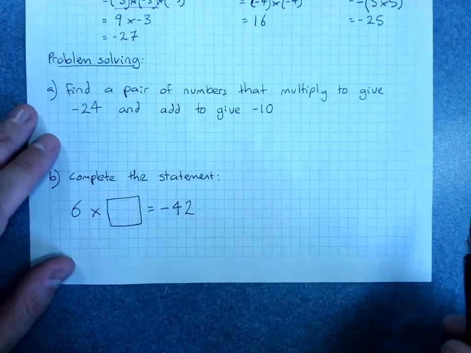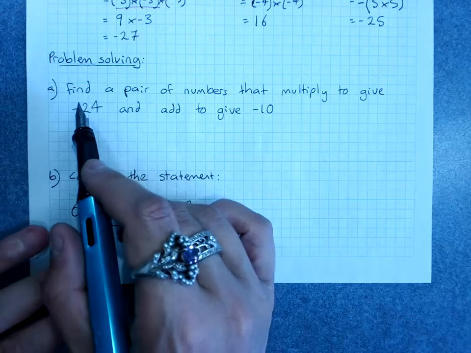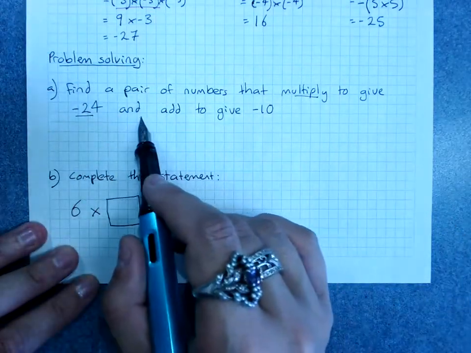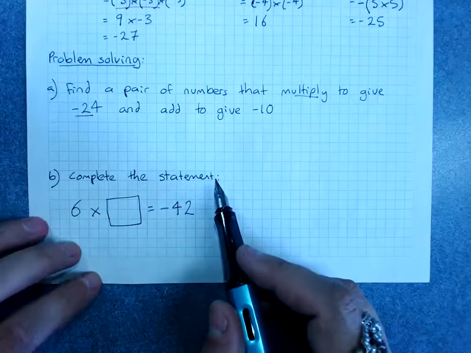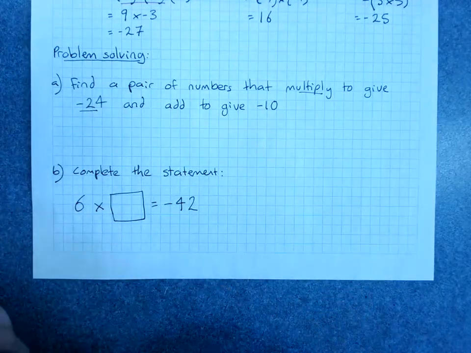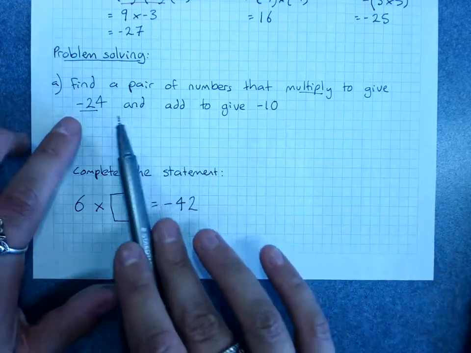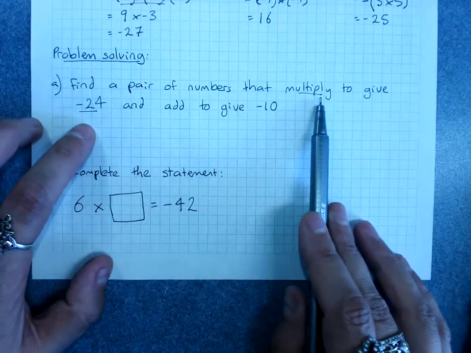Problem-solving questions also come up quite a lot. Find a pair of numbers that multiply to give -24 and add to give -10. Now the reasoning that you need to use with these, you need to know the rules about multiplying with negatives.